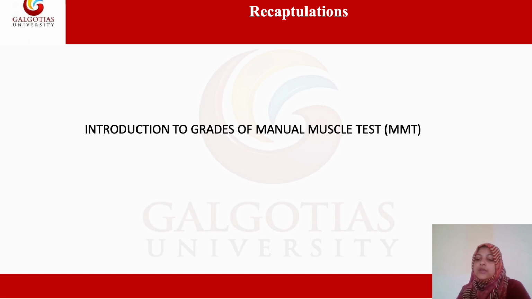So we will see the main grading system of manual muscle testing. In the previous lecture, we discussed manual muscle testing, the purposes, the uses, and the definitions. So let us begin with the grading techniques.